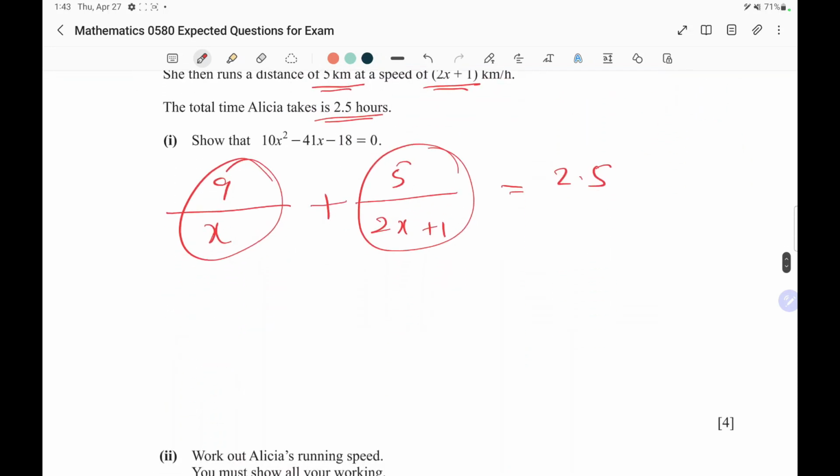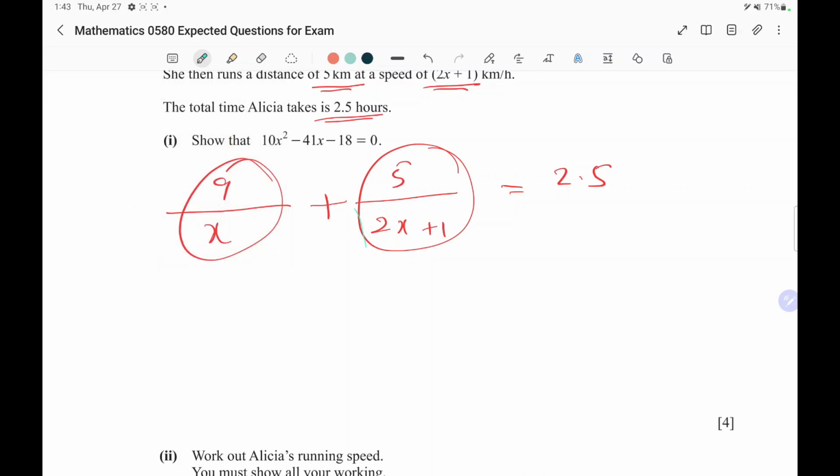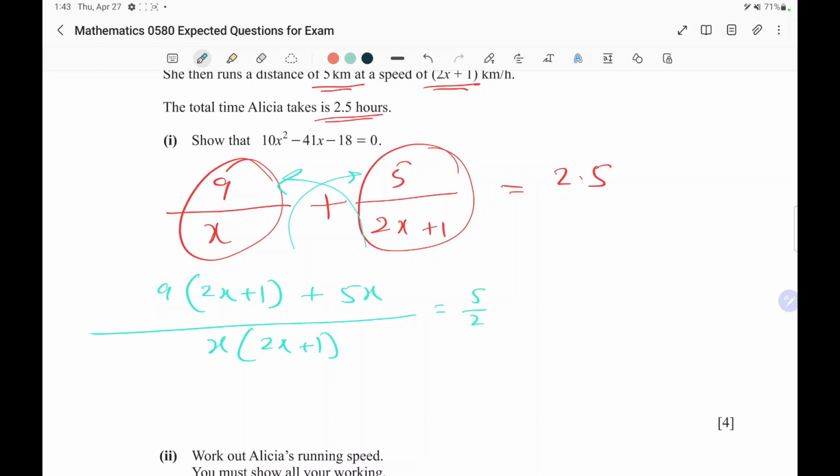So we got the expression. Now we simply need to solve it. For that, you have to cross multiply like that. So 9 times 2x plus 1 plus 5 times x over x times 2x plus 1 equals 2.5, which can be written as 5 over 2. That's better.